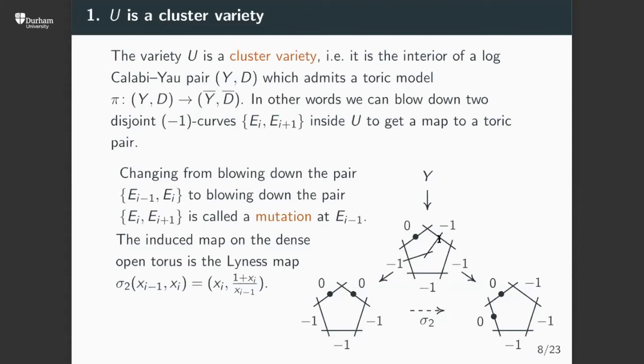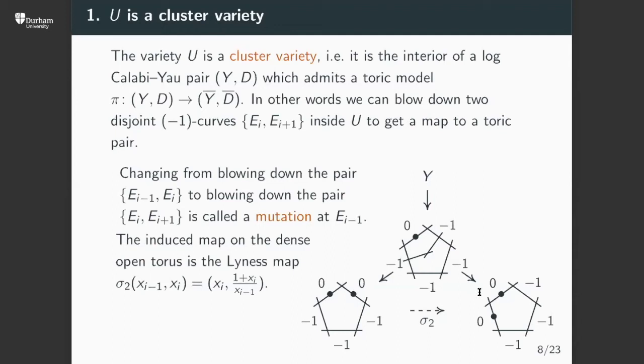And I can contract one of those lines in the interior of U. Of course, because there are 2, I can do it in one of 2 different ways. For any pair of disjoint lines in the interior of U, I can contract them to get a toric variety. And for each line, I have exactly 2 other lines that are disjoint from it, so there are 2 ways in which I can do it.